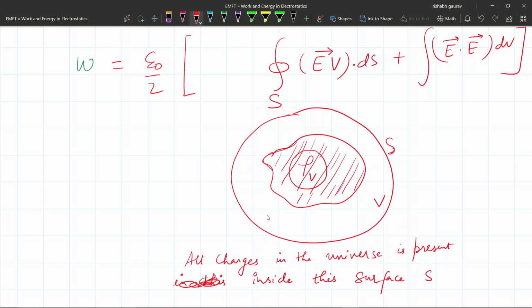And as we know, using Gauss law, the net electric flux through any Gaussian surface equals the total charge present inside the surface.